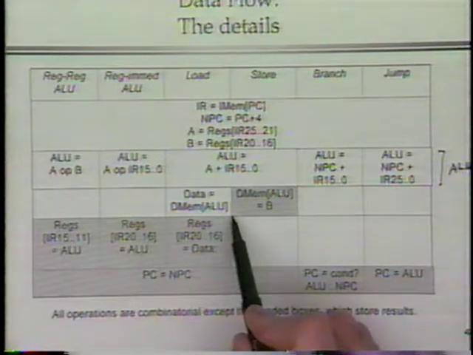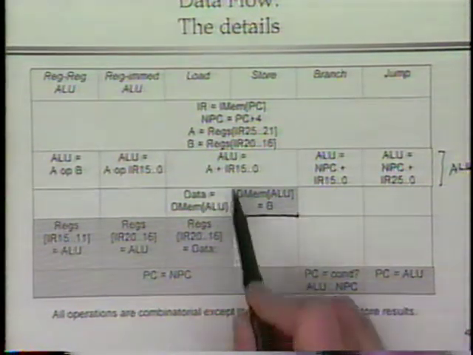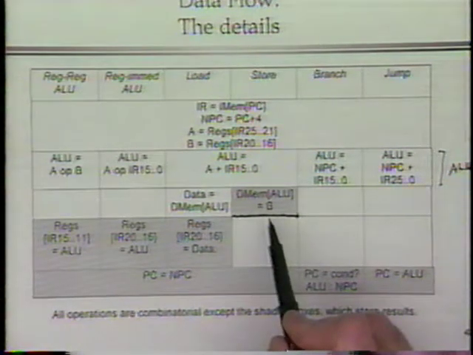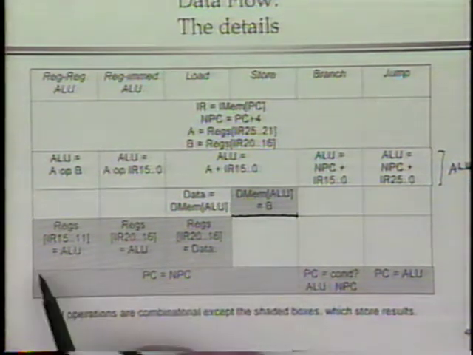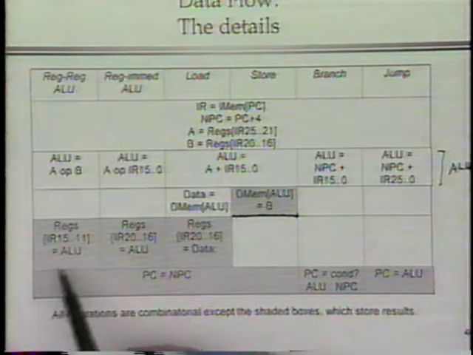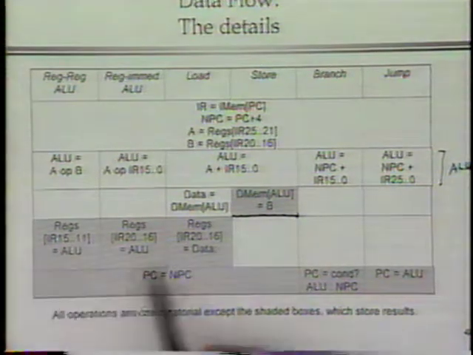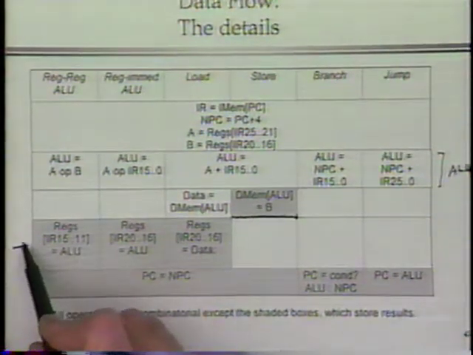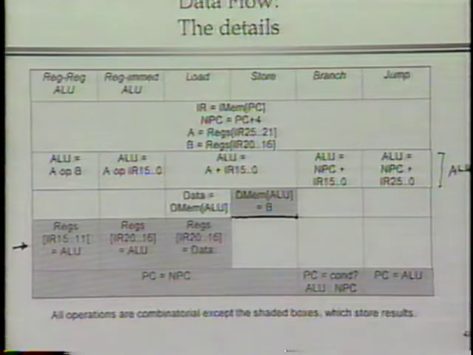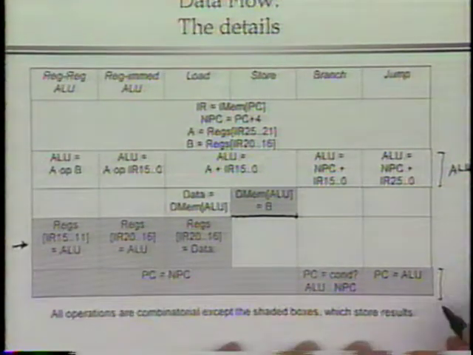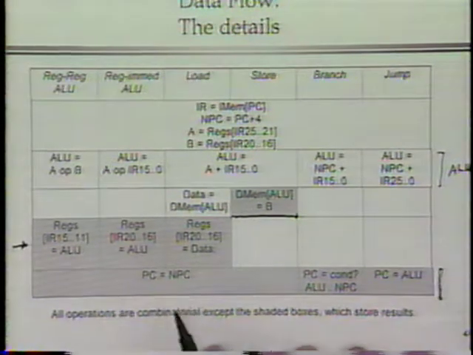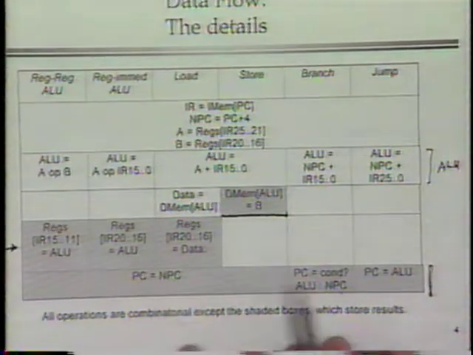In the case of a store instruction, it's clocking the data memory so that it gets its results stored. In the case of a register write, something that returns the result back to a register, it's clocking the register file so that its result gets written. And in the case of all other instructions, in addition to those things, it's updating the PC, either from the next PC or from the output of the jump or the branch.